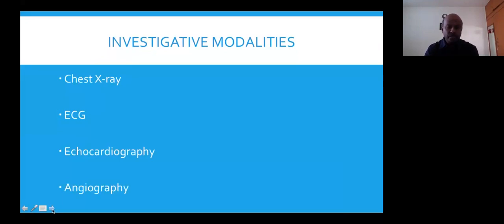And of course, angiography is not done routinely as an investigative modality for determining duct, except when it's associated with a complex congenital heart disease where the duct is perceived to be perfusing the systemic or pulmonary circulation, or when you are planning to do a transcatheter intervention on the ductus.